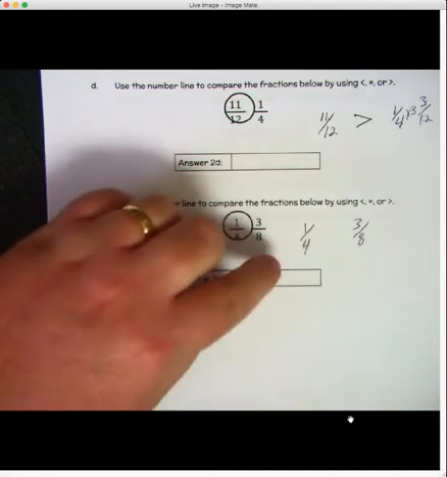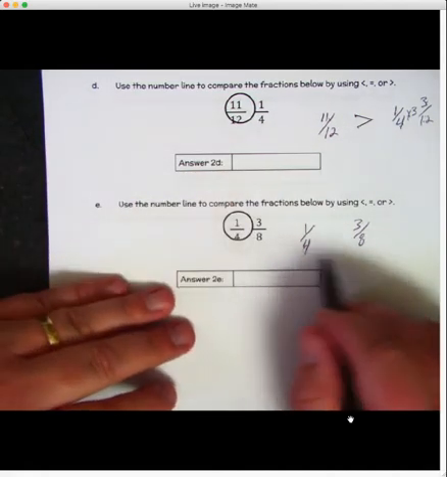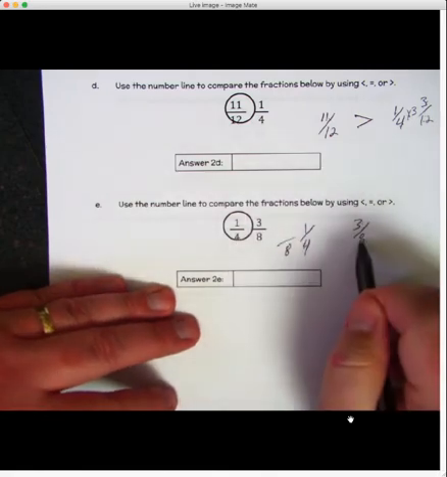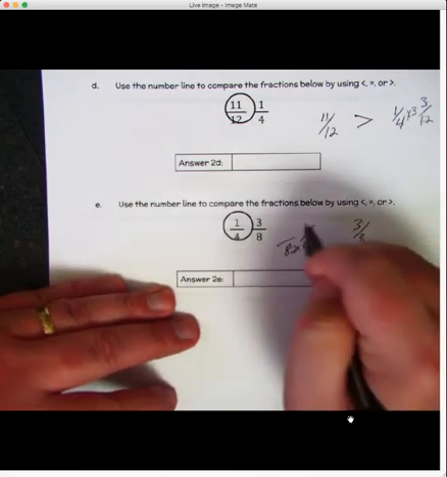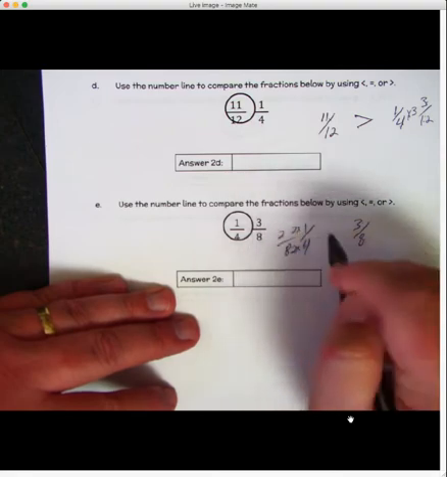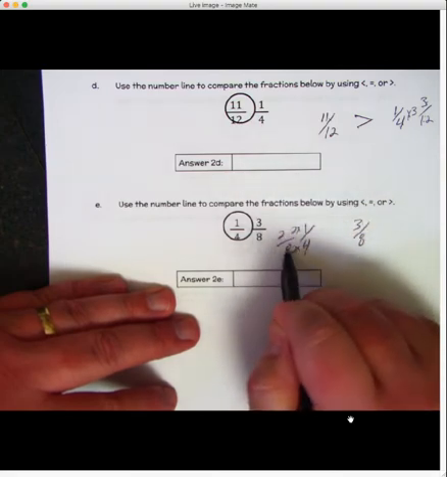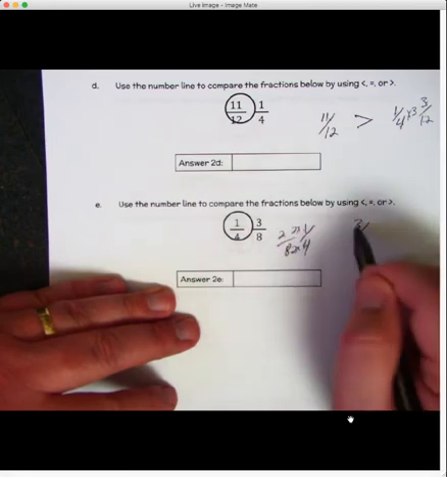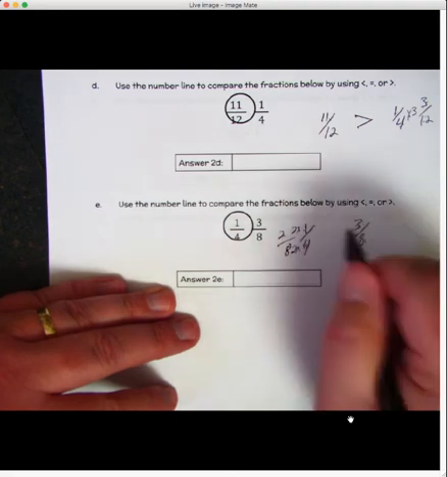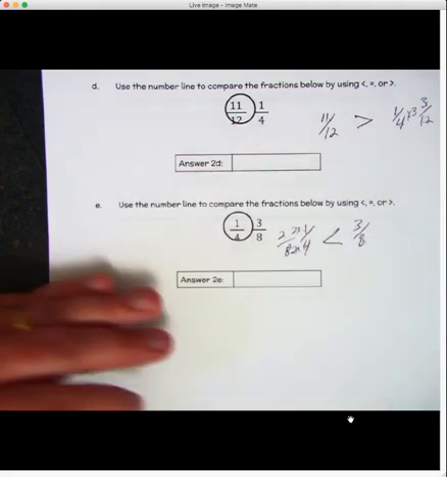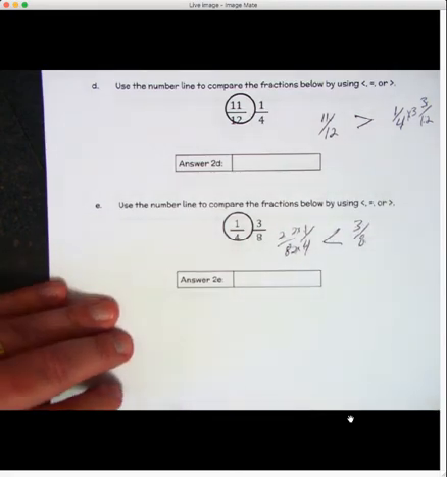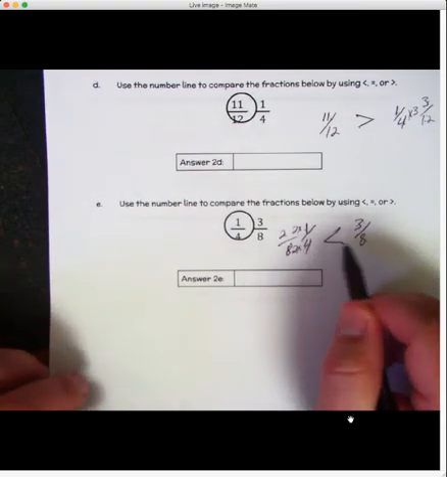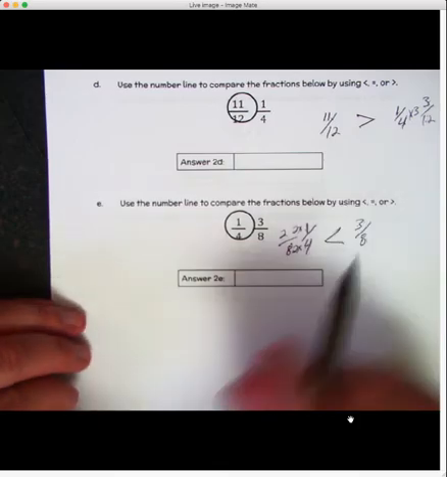So on ones like these, we're going to need to get a common denominator and make sure if we look at them both as 8s, then I have to do 4. I'm thinking backwards this time. And 1 times 2 is 2. So 1/4 is equivalent to 2/8. 2/8 equals 1/4. So 2/8 or 3/8, which one is larger? 3/8 is larger. So 3/8 is greater than 1/4. We say it backwards. We could say 1/4 is less than 3/8.